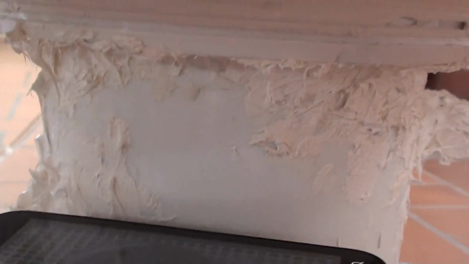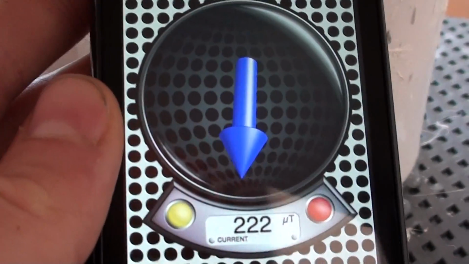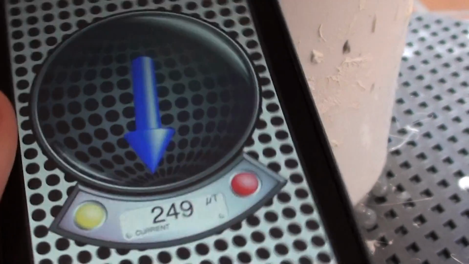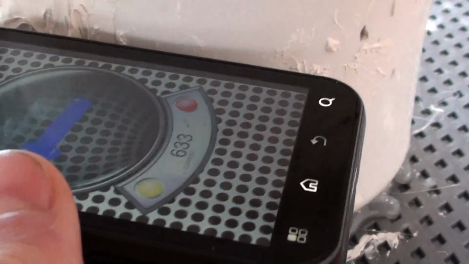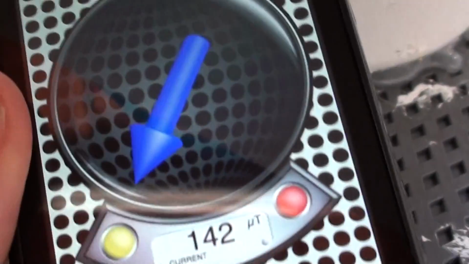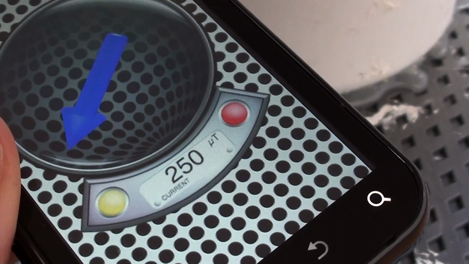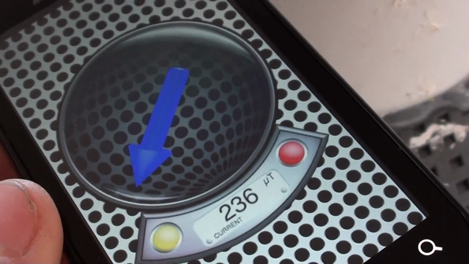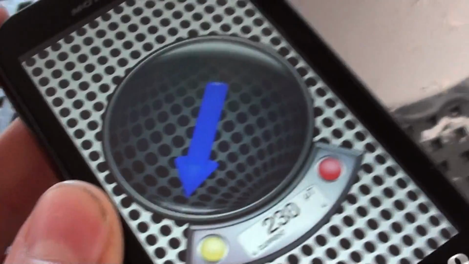Here we have motor inside, so you can see we don't see the fluctuations with this application, but we will check them later with the graph of real-time fields.